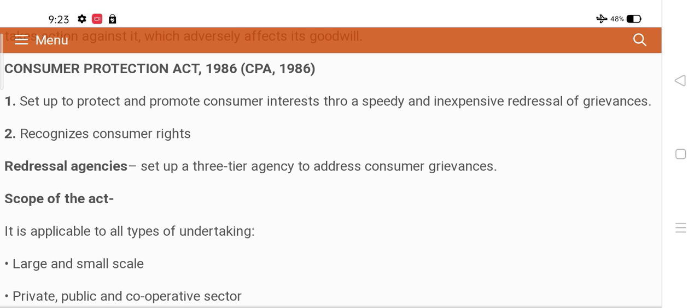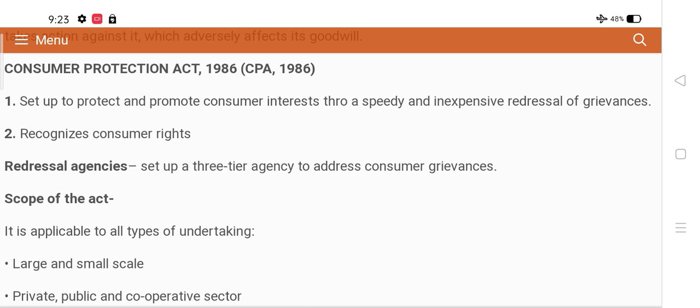Good morning, children. Today we will study the Consumer Protection Act 1986, which is also called CPA. This Act was set up to protect and promote consumer interest through a speedy and inexpensive redressal of grievances.